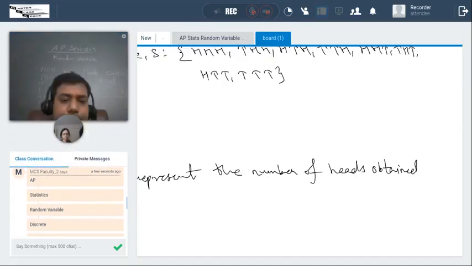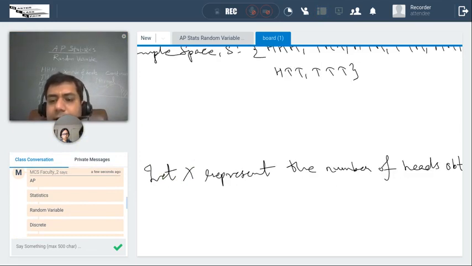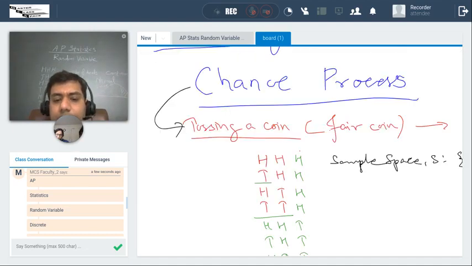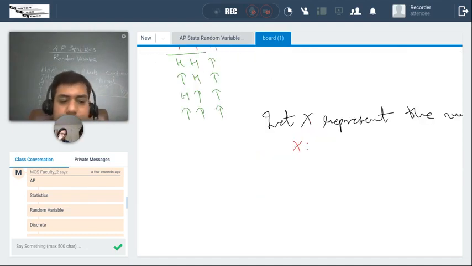My dear friends, see that X represents the number of heads obtained. So we can have X equal to 0 when there is TTT.